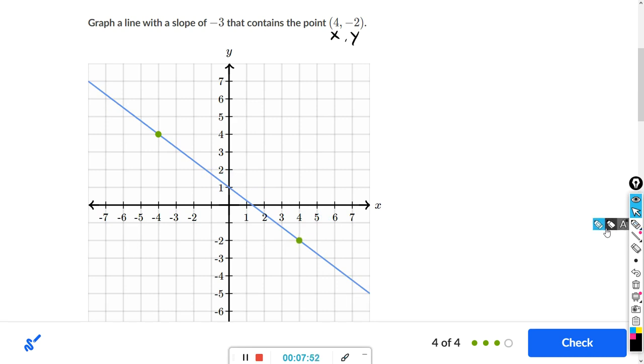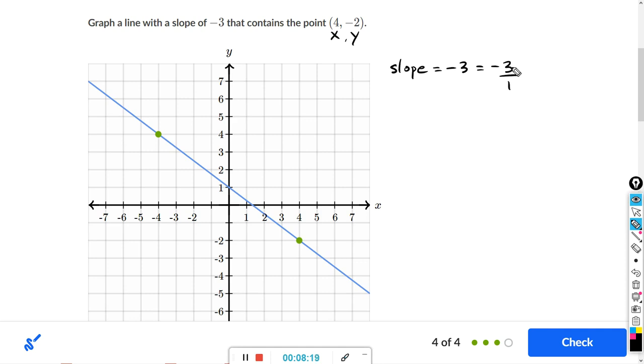All right, and now the slope is -3. And we can easily make that a fraction, because -3 is the same as -3 over 1. Okay, if you put a constant term over 1, it doesn't change anything, so it's the same thing.